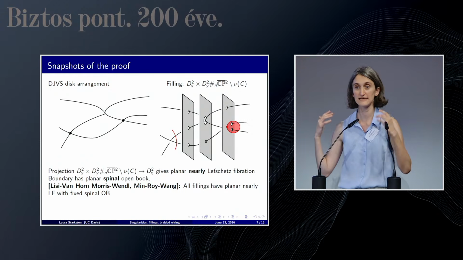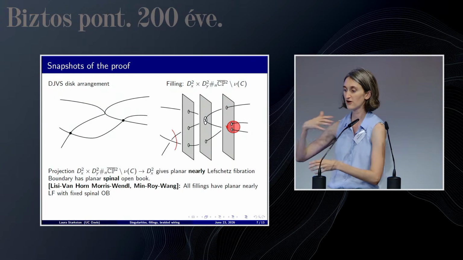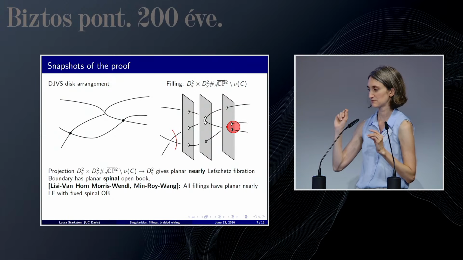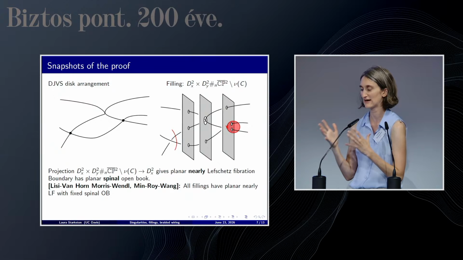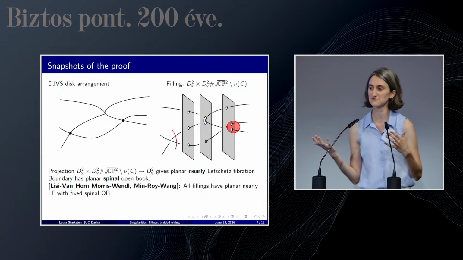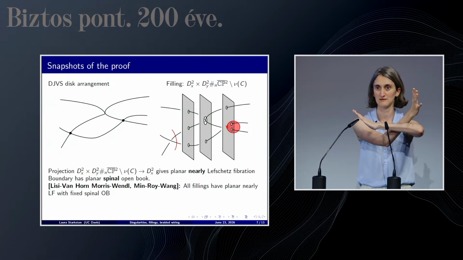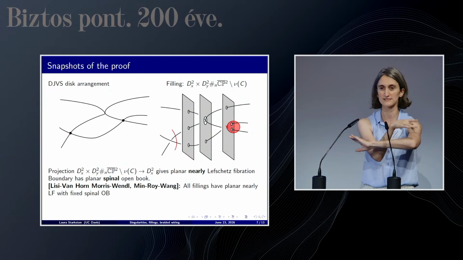In our setting, we're not going to use the full generalization, but we need this particular additional thing that's allowed to happen. In a Lefschetz fibration, you're allowed to have singularities where your singular fiber looks like a normal crossing situation.